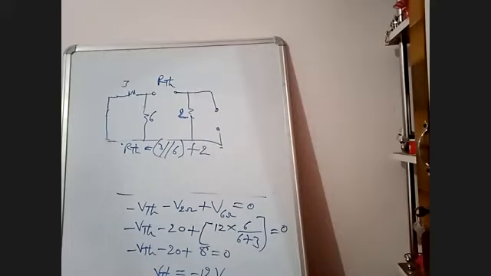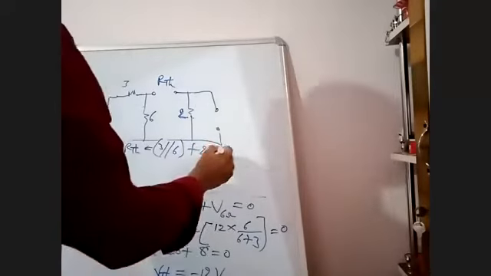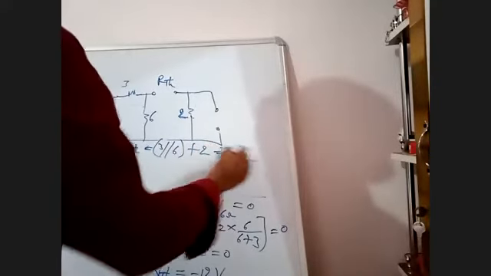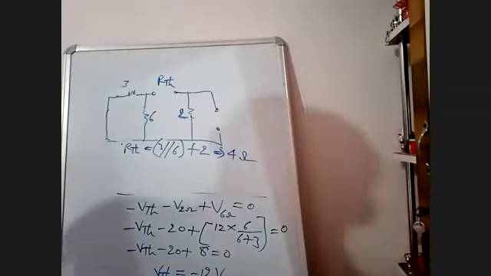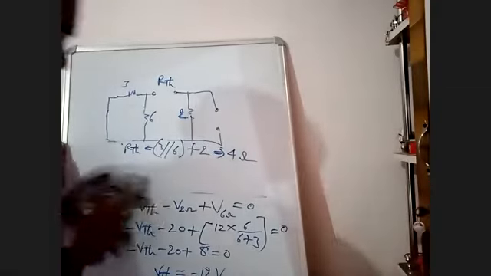Okay, 4 ohms. In your textbook they have given 4 ohms. Now draw the equivalent circuit, VTH and RTH.